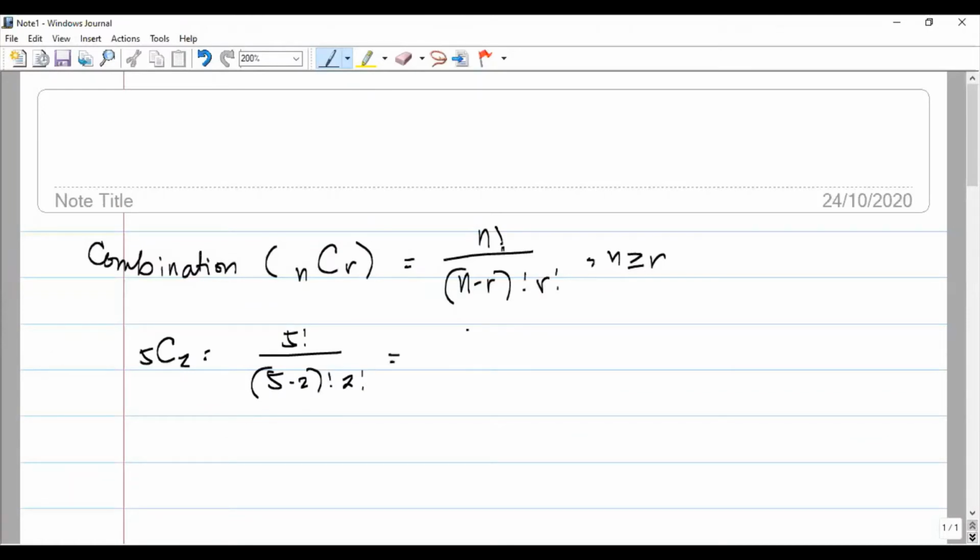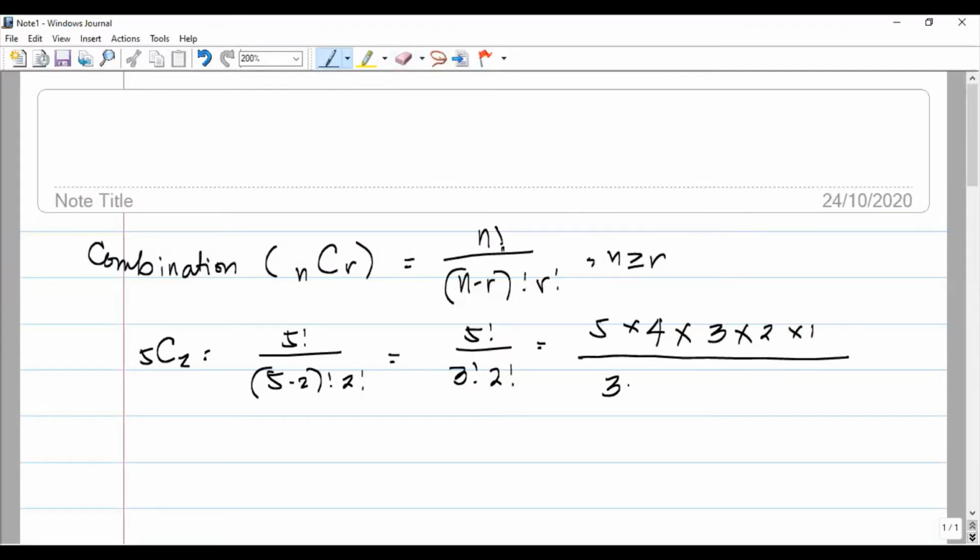That is 5 factorial over 3 factorial times 2 factorial equals 5 times 4 times 3 times 2 times 1 all over 3 times 2 times 1 times 2 times 1.